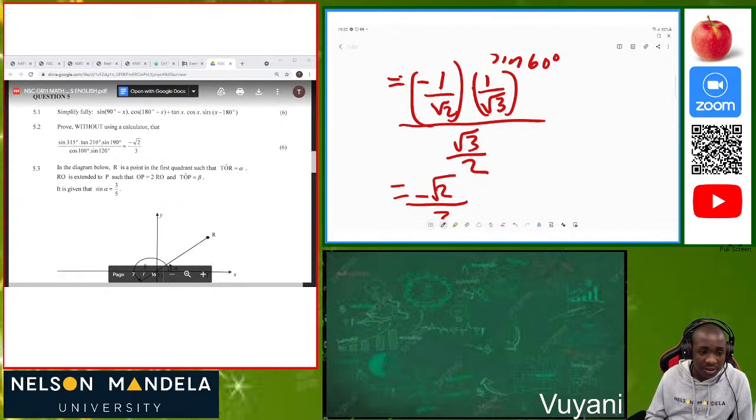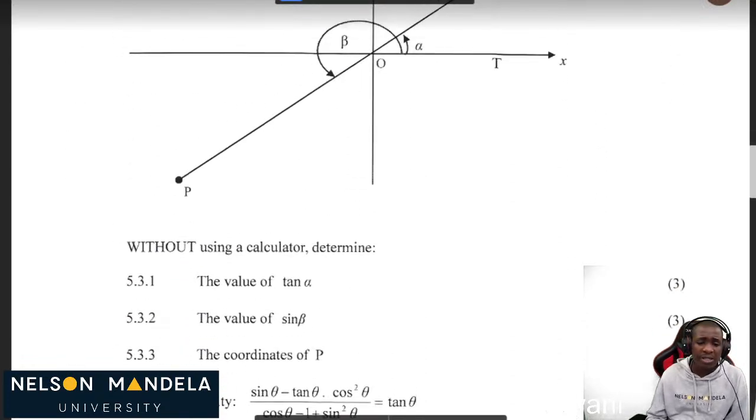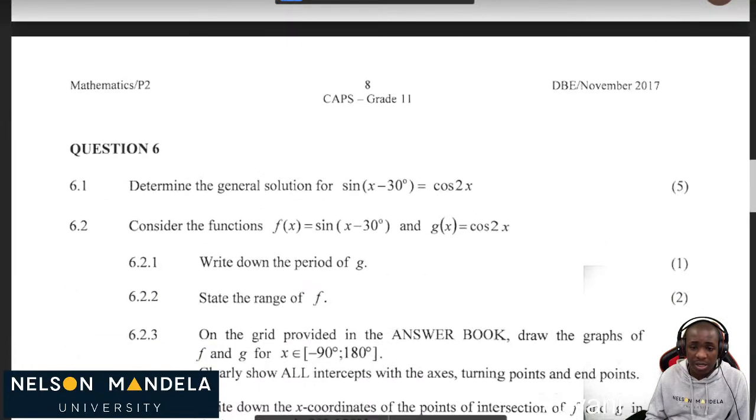Let's do this one last challenging question now. So we say it is equivalent to the right hand side, because we have proved that the left hand side is equal to the right hand side. Now 5.3, we'll do it next time. Let's do this last question for today.